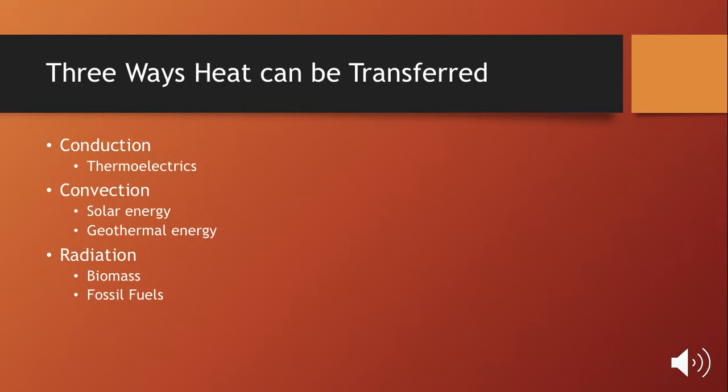And radiation. Radiation is the transfer of heat without any physical contact between the objects. This applies to the burning of biomass and fossil fuels, which we will get into later.